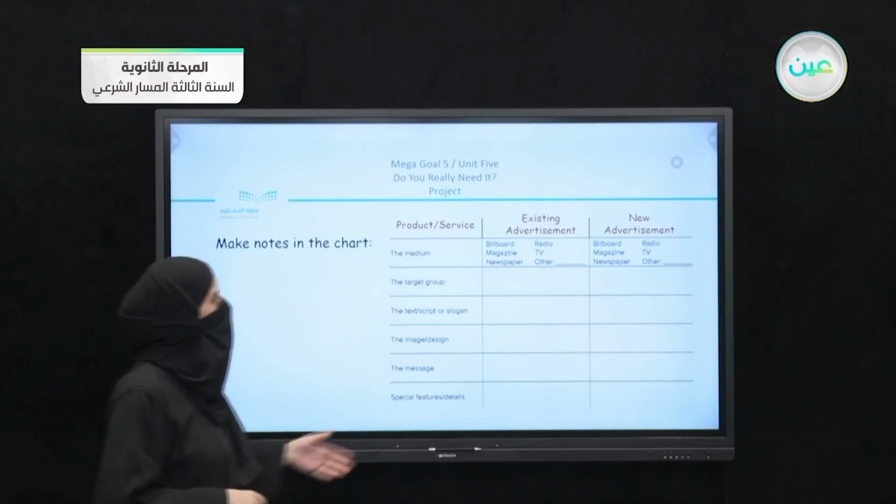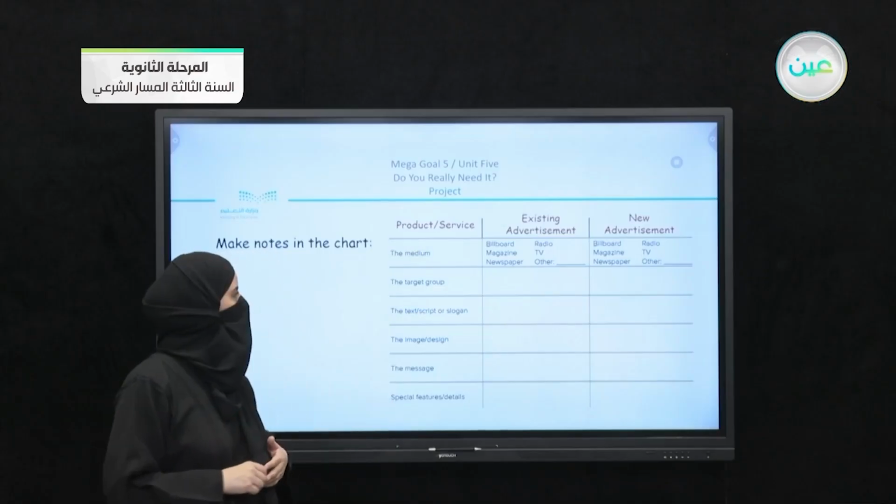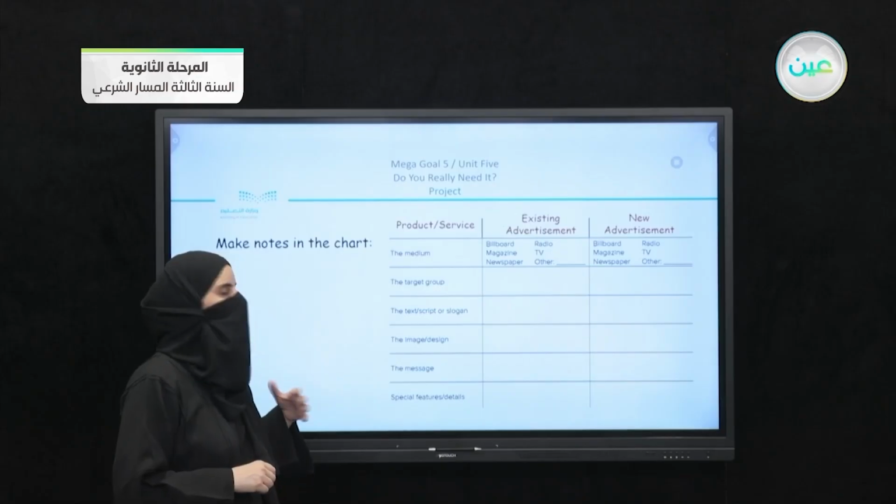Of course, we are going to analyze the existing advertisement here. So it can be billboard, radio, magazine, TV, newspaper, or any other method. The target group: who is it directed to? The text script or the slogan.